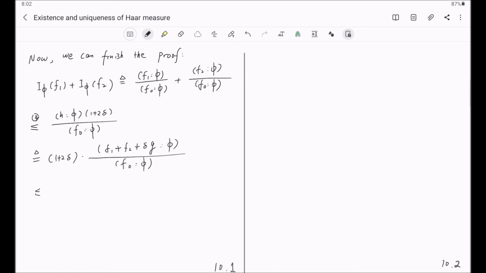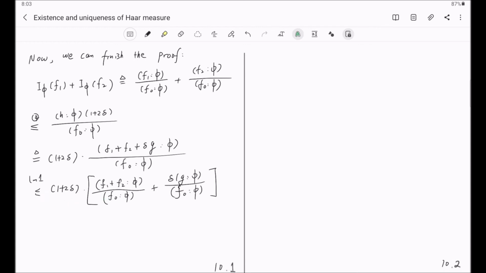But this last quantity is less than or equal to, by our lemma 1, basic properties of Haar covering numbers with respect to functions, we'll break this down into two parts.